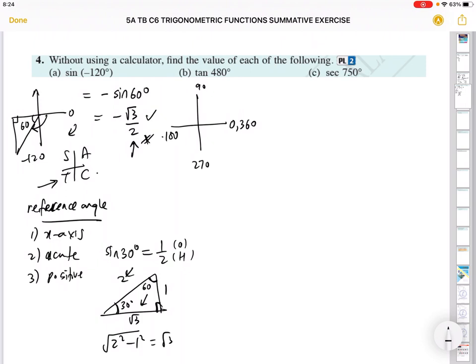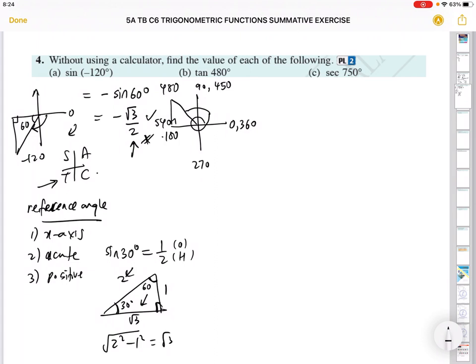Okay. All right. Next, haven't finished this. 480. Where is it? 0, 90, 180, 270, 360 here. Beyond 360, after 360, you plus 90, you get 450. Right. 480 is more than 450, so you go more than that. It's around here. 480. Oh, my line is not straight. Now this will be 540, right? After 450, you plus 90, you get 540. So you can see it's in quadrant number 2, right?